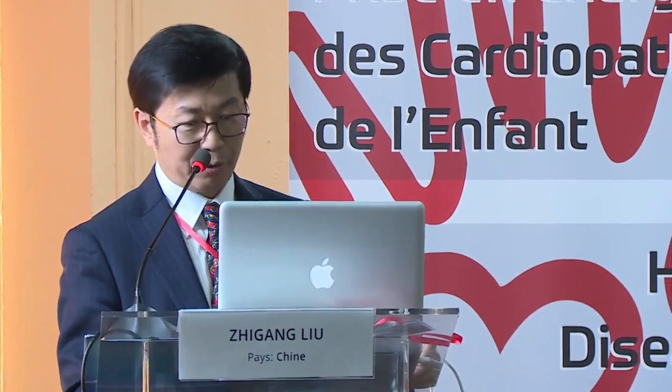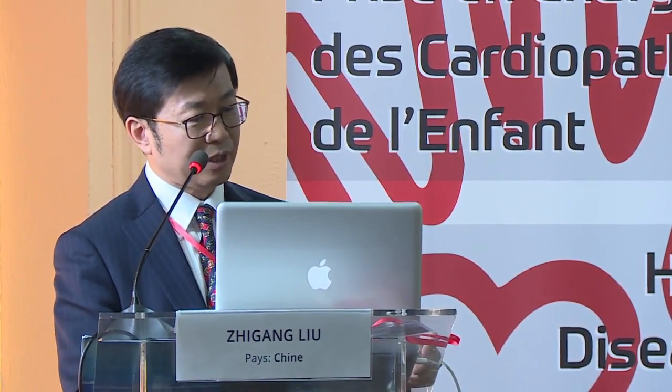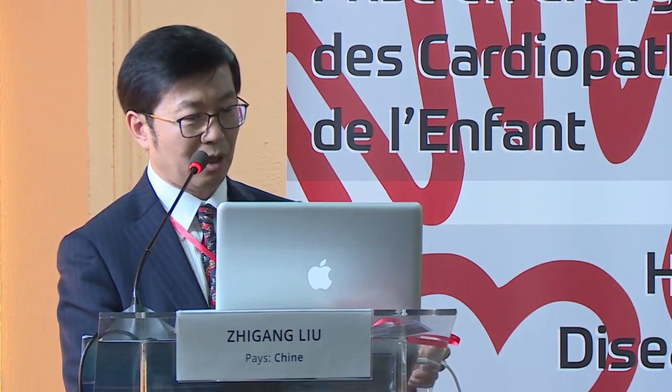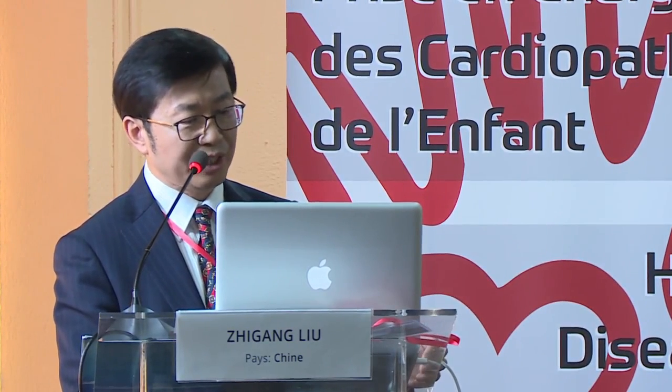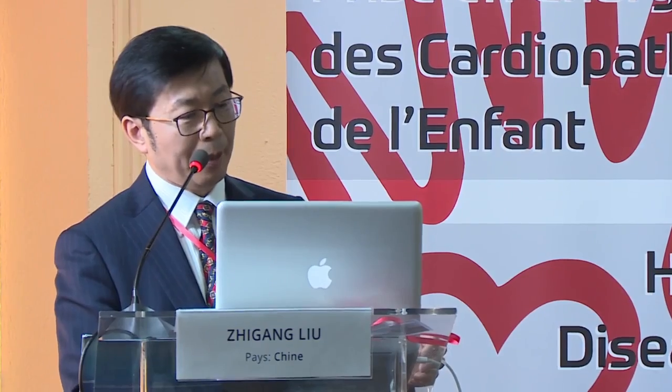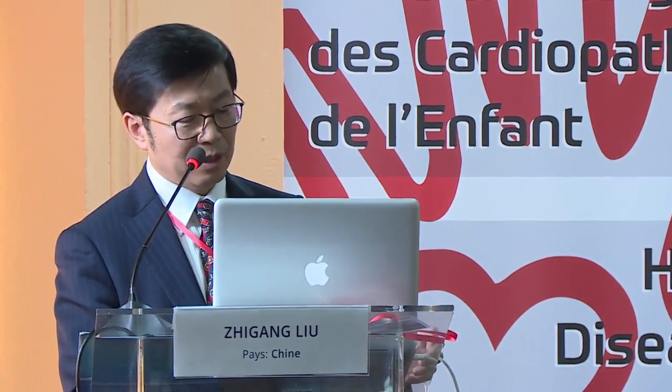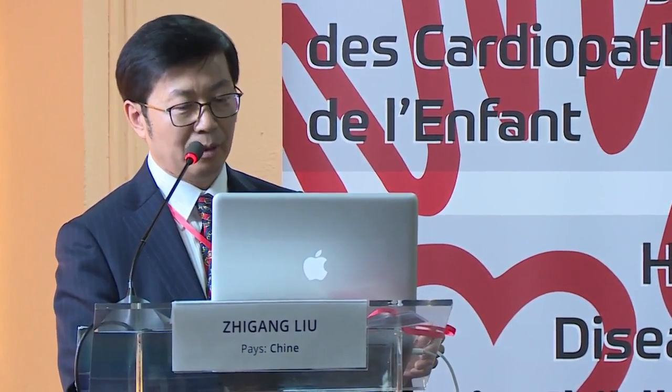The major concerns of this technique could be durability and restriction of the leaflet motion in the long-term result. This is recently published data from Japanese colleagues showing that by using this kind of technique, with an 8-year mean follow-up, the result is very good.